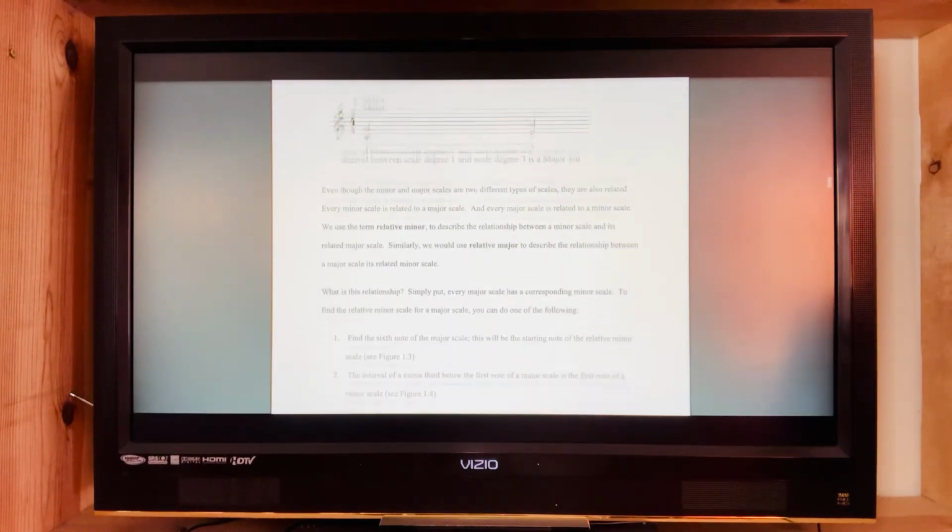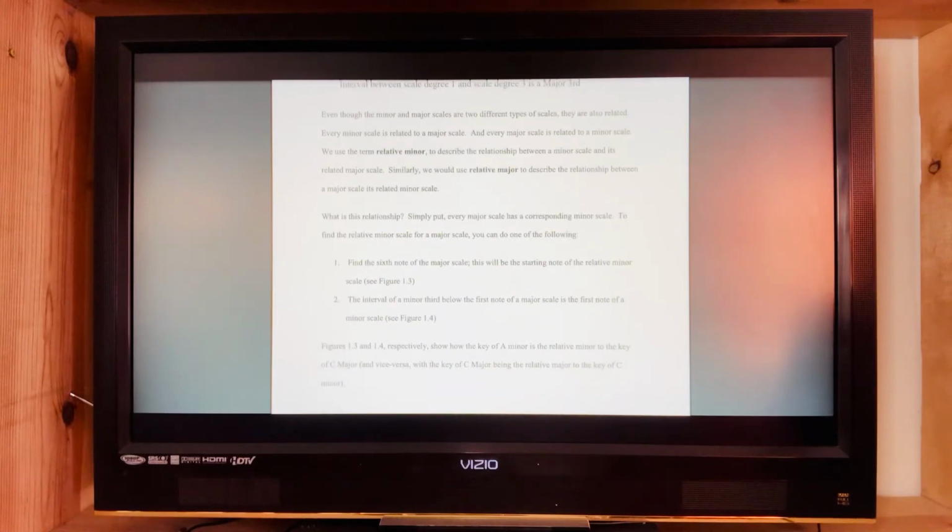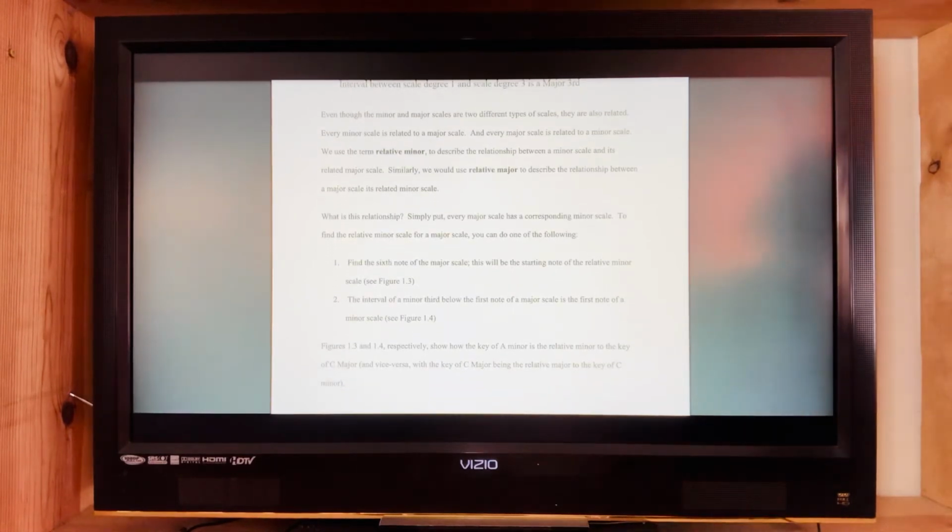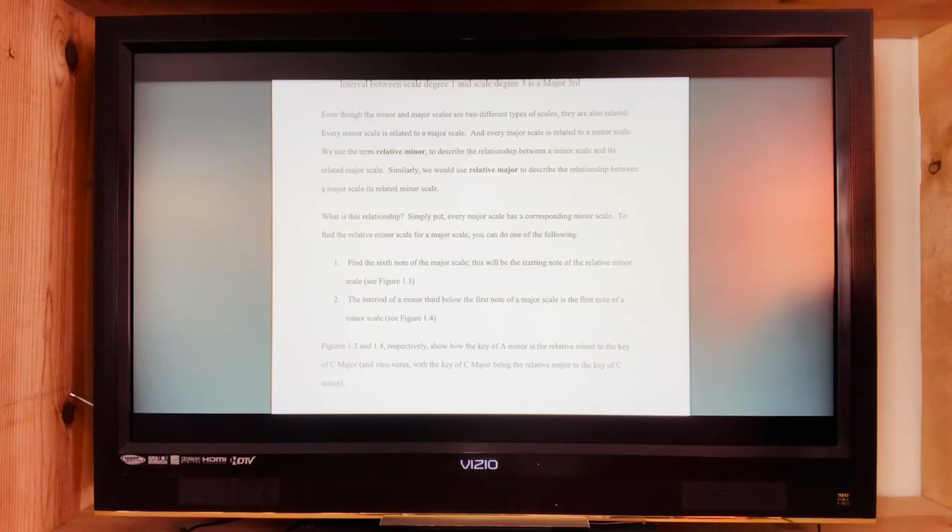Even though the minor and major scales are two different types of scales, they are also related. Every minor scale is related to a major scale. And every major scale is related to a minor scale. We use the term relative minor to describe the relationship between a minor scale and its related major scale.